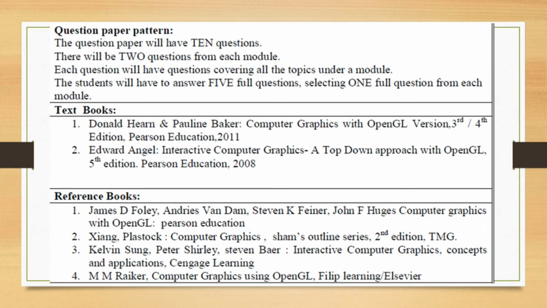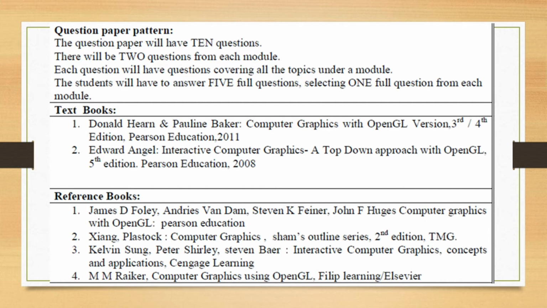The first textbook is Donald Hearn and Pauline Baker, Computer Graphics with OpenGL, 3rd or 4th edition, Pearson Education, and we shall go for the 4th edition, the updated edition.